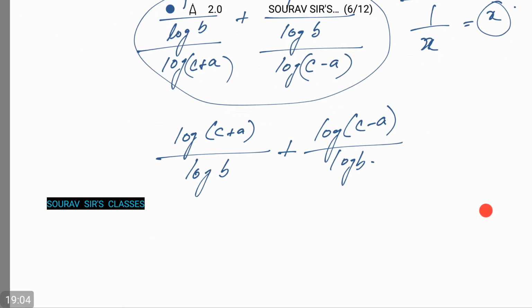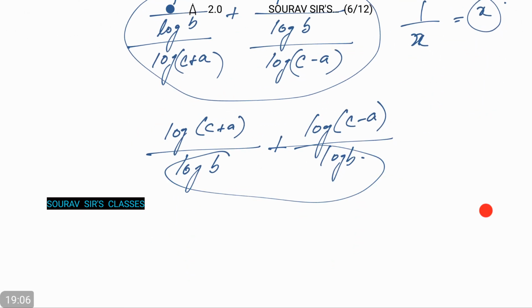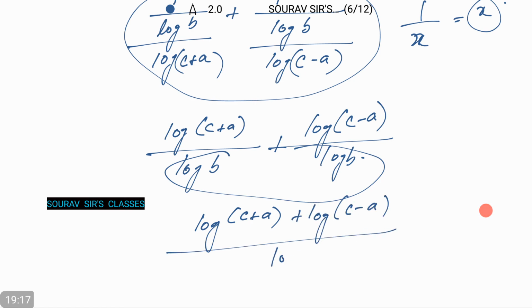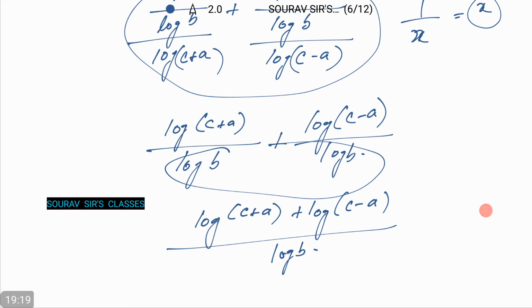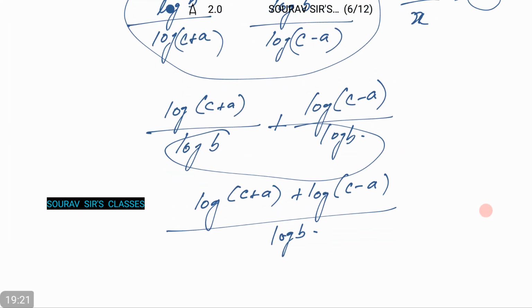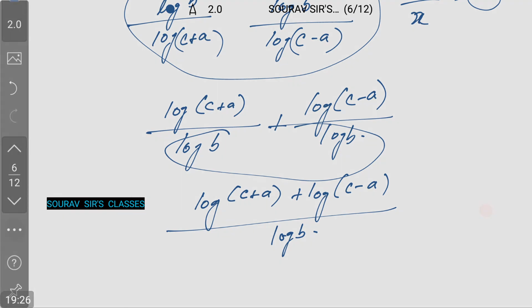And now since we have a common denominator, no need to take the LCM, so we have log c plus a plus log c minus a by log b. Let me just get a new page and we'll continue.